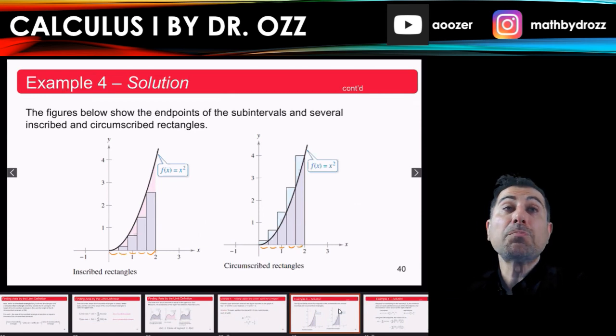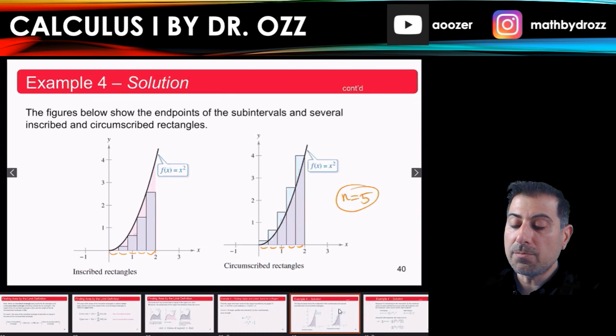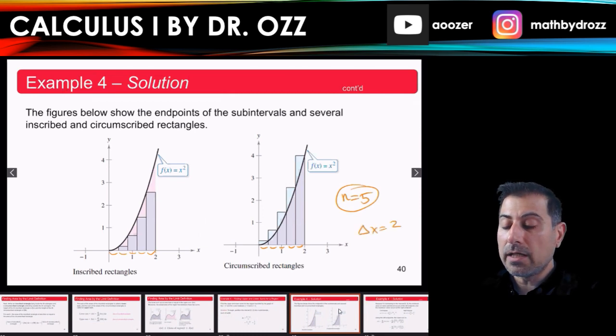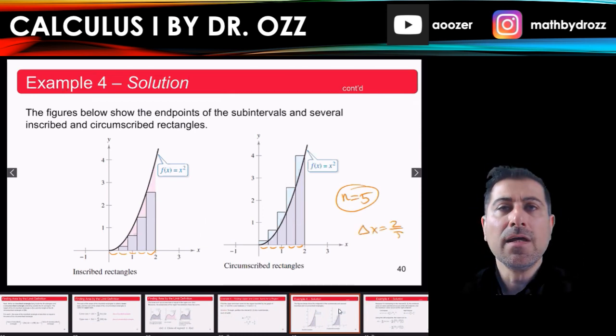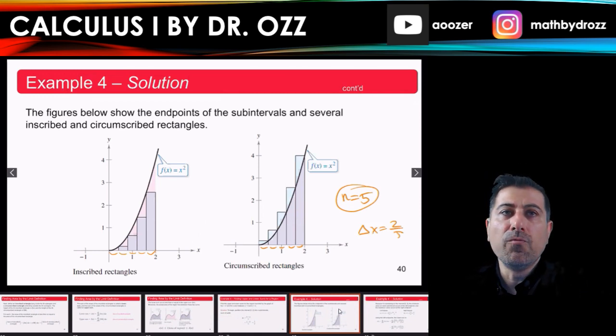So in this particular case, n equals 5, so each subinterval has length 2 over 5, but I'm going to keep n here as a variable so that I can play with it at the end. This is just a representation of the n equals 5 case.